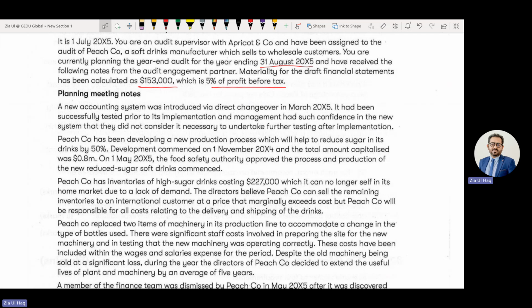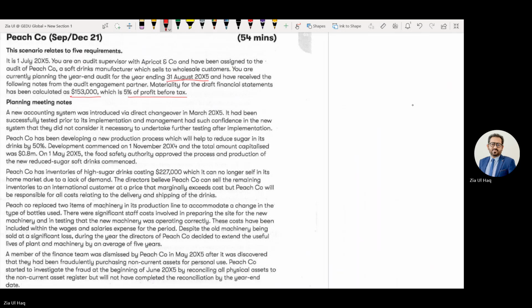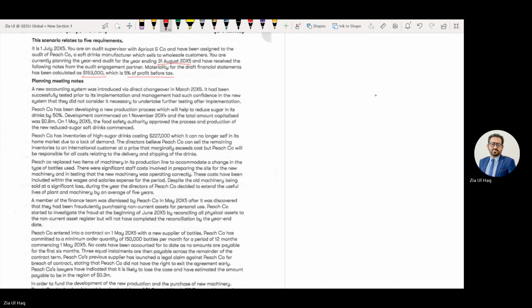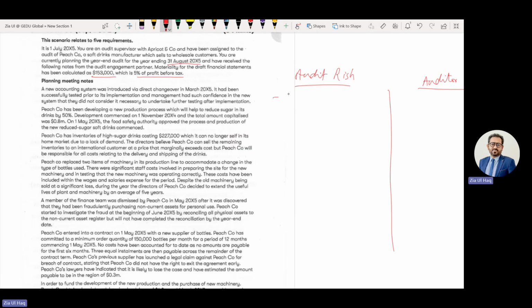So manipulation, this we can write down. Risk, audit risk, and auditor response. So, new IT system. I'm not going to write down the risk, you will write it down by yourself.